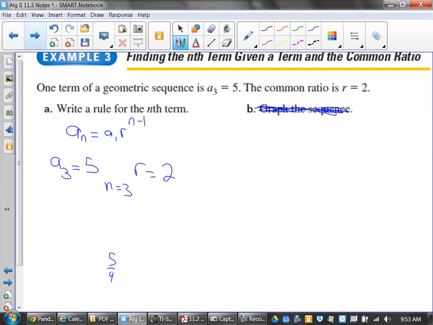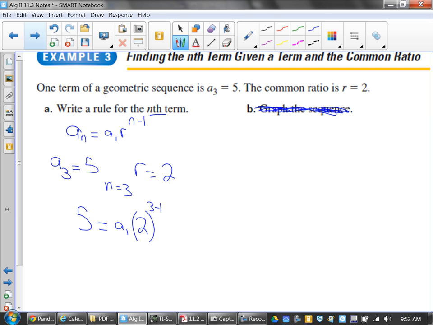Okay, it mirrors the same thing we were talking about yesterday. When you have a sub 4, that means n is 4, and so on. So what I'm doing here is, I need to write out the rule for the nth term. So we start out with, well, the a of the nth term, in this case, is 5, equals my first term, because I don't know it, times the rate of 2 to the n minus 1.